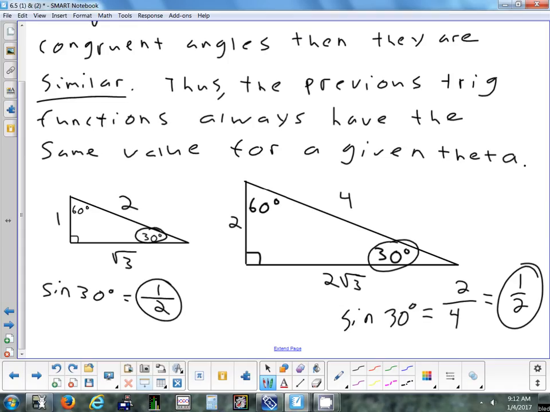And that's true for any angle and any trig function. The cosine of 30 would be the same in a small triangle or a big triangle. The tangent of 60 would be the same in a small triangle or a big triangle. The size of the triangle doesn't matter. Right? So any questions on that idea?